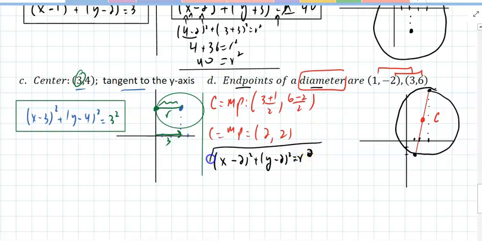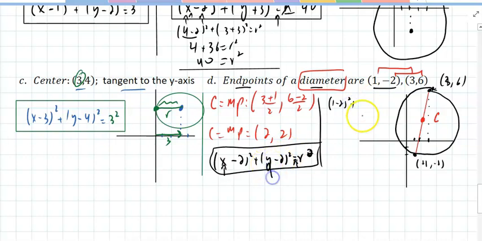How am I going to do that? Well, isn't this point on the circle and this point on the circle? If I pick either one and I plug it in, shouldn't that satisfy that equation? So if I take, let's say, 1, negative 2, put 1 there, that would be 1 minus 2 squared, plus negative 2 there. That will be negative 1 squared, which is 1, negative 4 squared, which is 16.